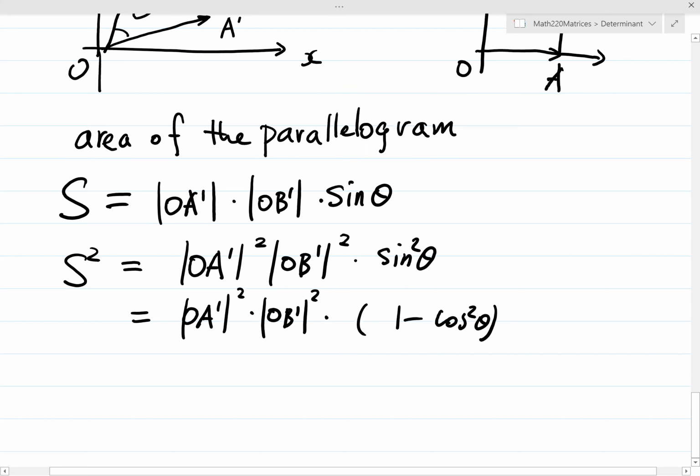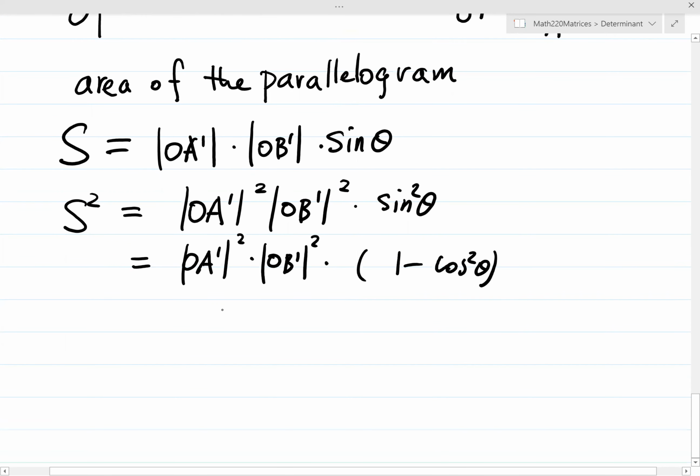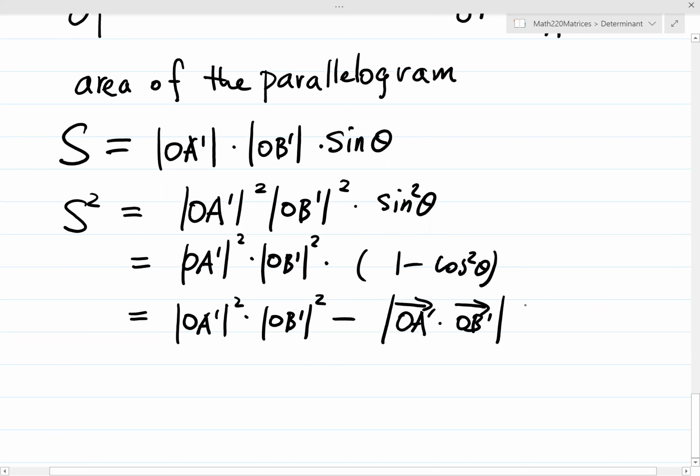If you distribute, you get OA prime squared times OB prime squared, subtract the dot product of OA prime with OB prime, squared. Use the definition of the dot product: the product of the norms times cosine theta gives us the dot product, and then we square it.